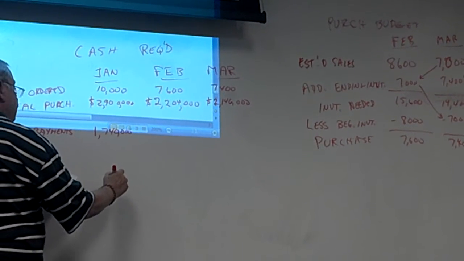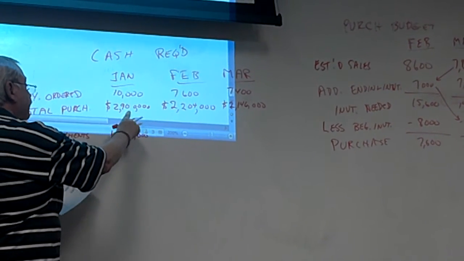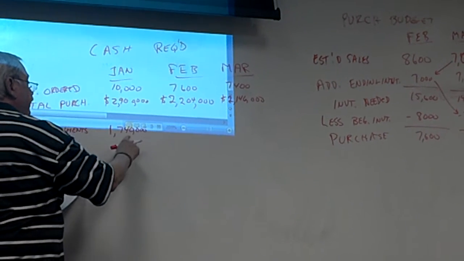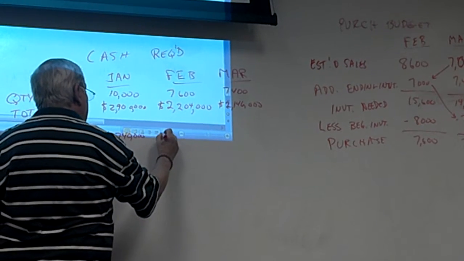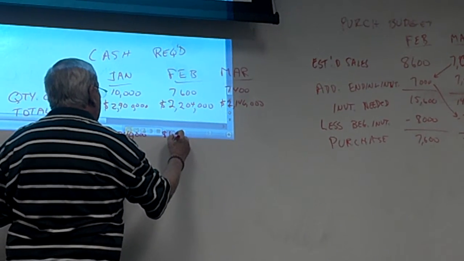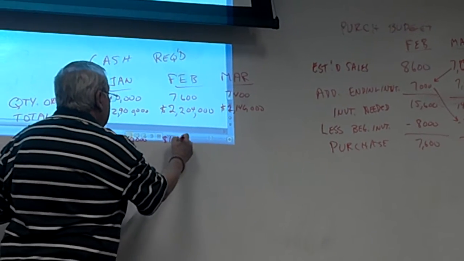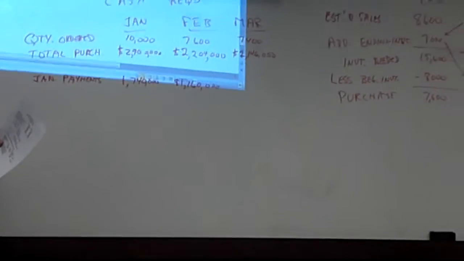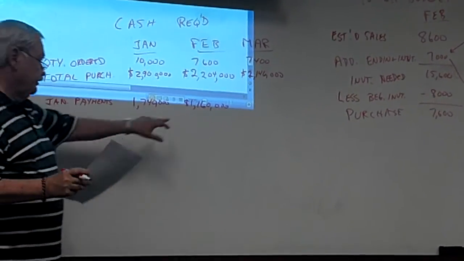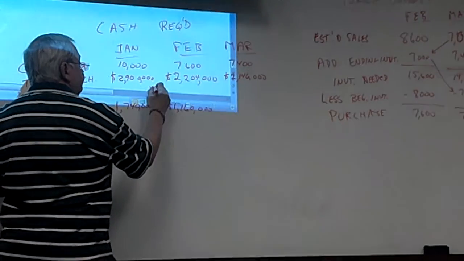And that was 60% of what? 60% of the purchase. Okay? And then in February, I paid 40% of that, which is 1,160,000. So that's 40% of, so this is times 40%.